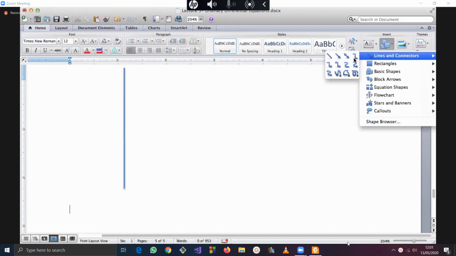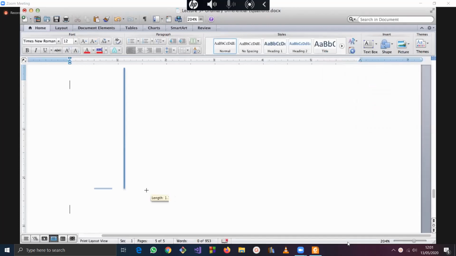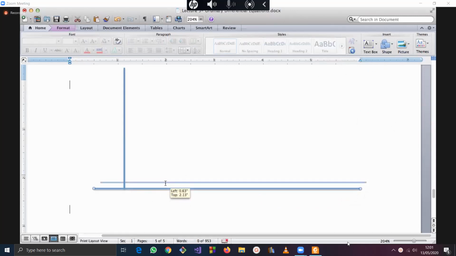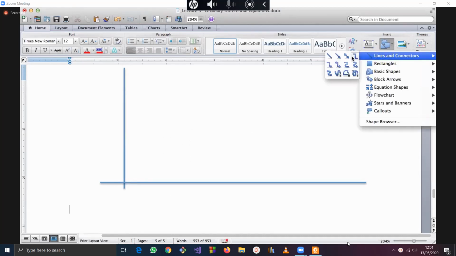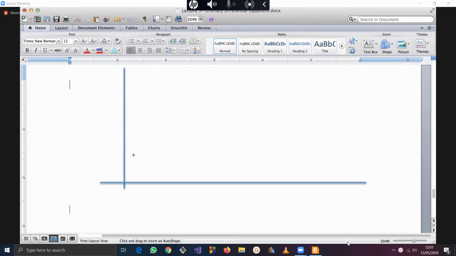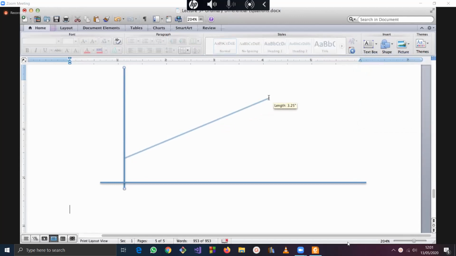With that Cartesian plane, now what we then have is the best line of fit. Let's say we have a line like that.